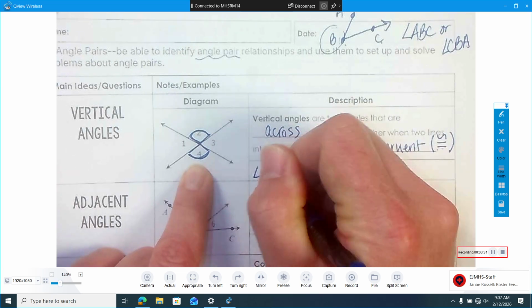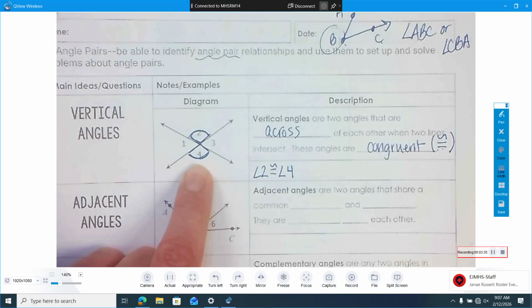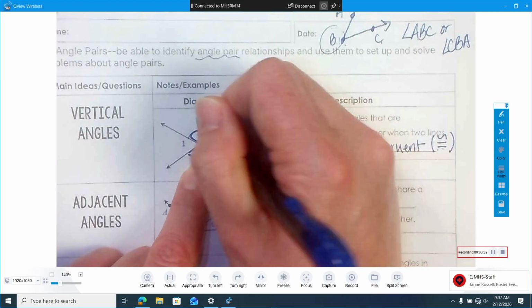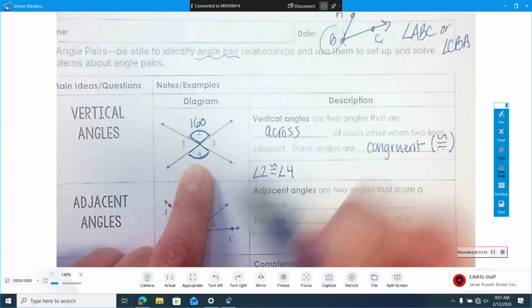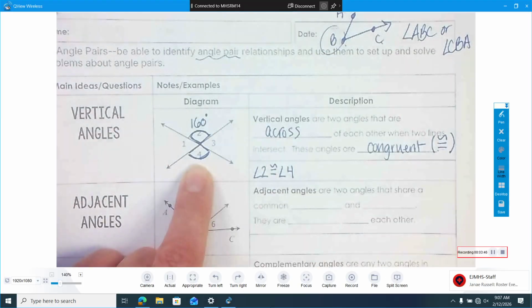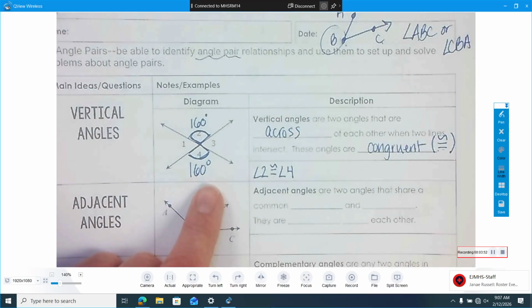We can write angle 2 is congruent to angle 4. So if angle 2 is, say, 160 degrees, what's the measure of angle 4? It's also 160 degrees. Awesome.